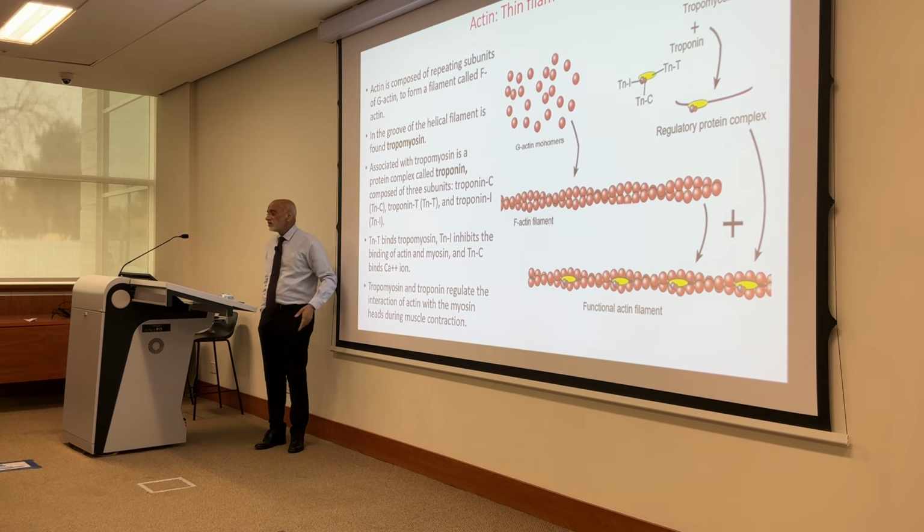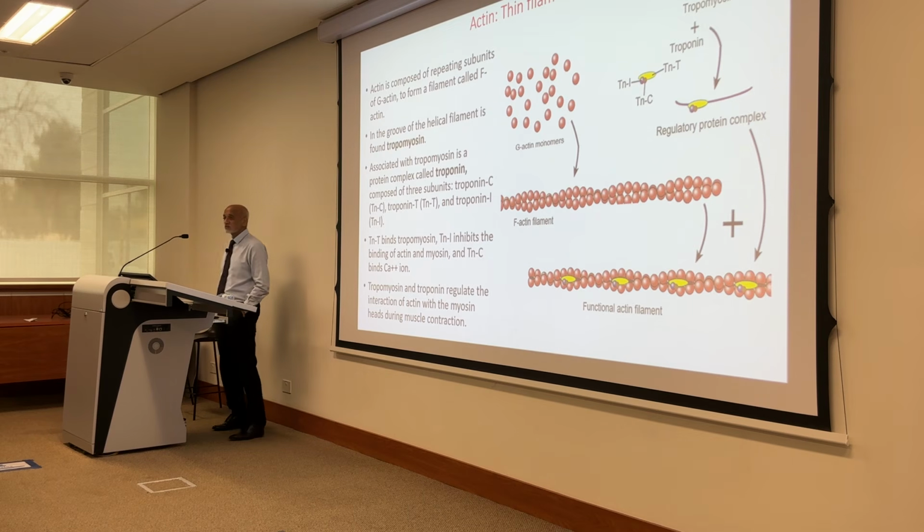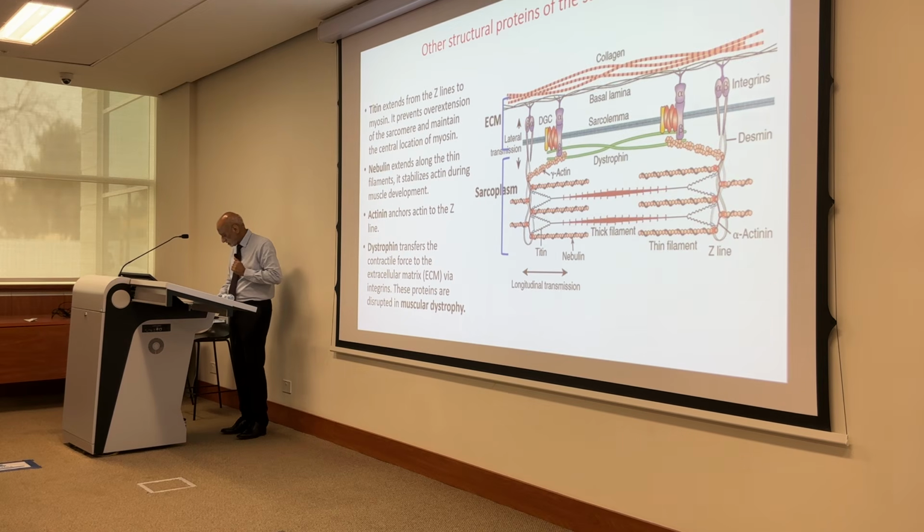What does I do? It inhibits the binding of the actin to the myosin site. And because of this intimate relationship between troponin and tropomyosin, it actually regulates the cross-bridge formation, which is next week's lecture.